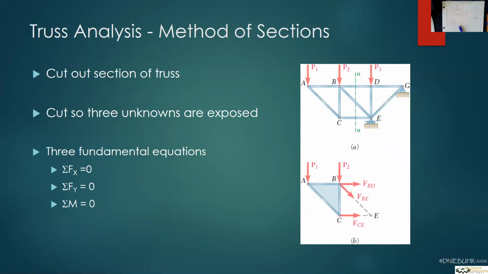So you should be able to visualize that C would not be pointing to the right, it would be pointing to the left, because in order to keep that in place, the force would have to go in the opposite direction. So CE would be in compression.